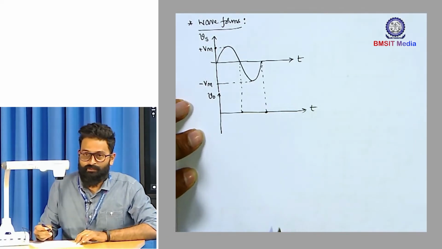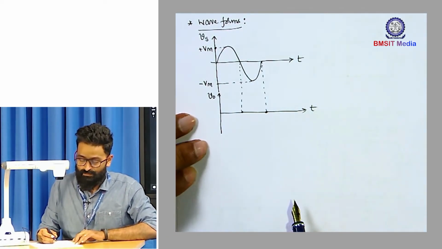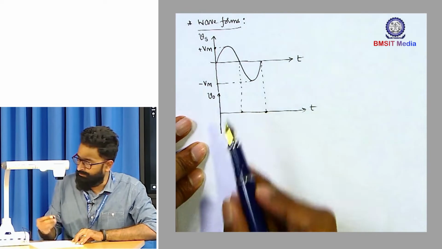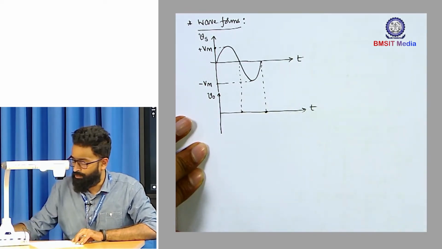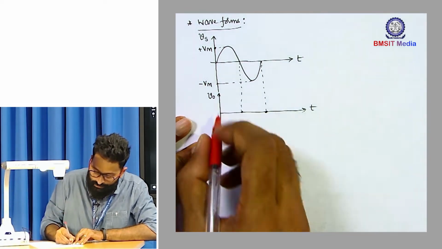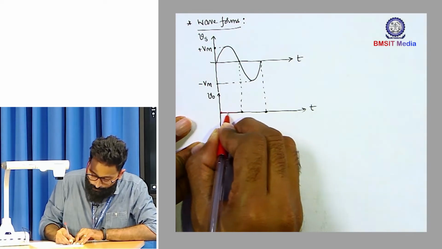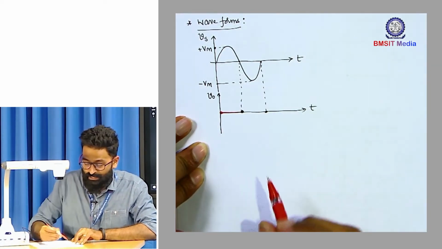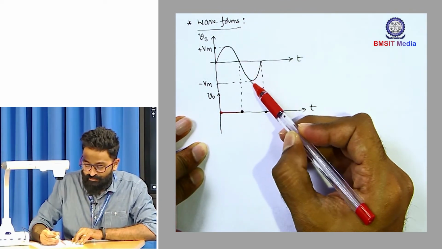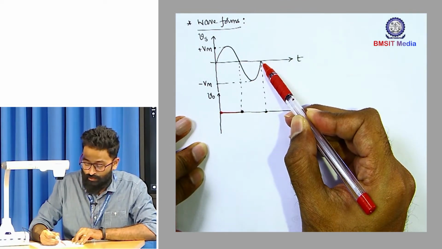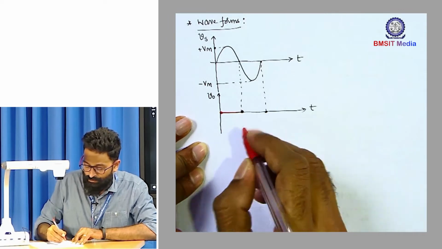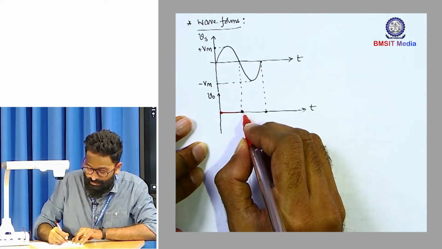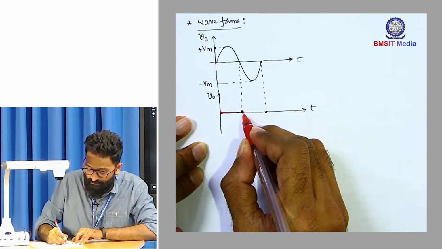So what did we see from the analysis? We have seen that for the positive half cycle of the input, the output was 0 volts. On the other hand, for the negative half cycle of the input, the output was minus Vs. So the output will be the replica of negative half cycle of the input.